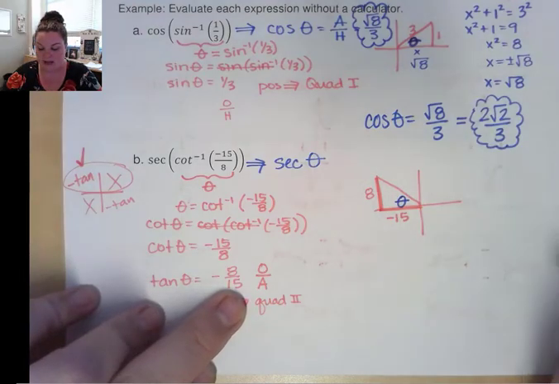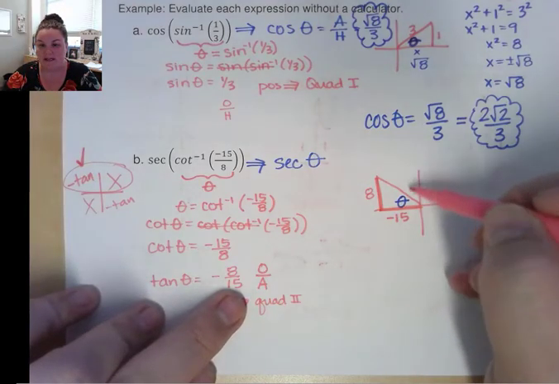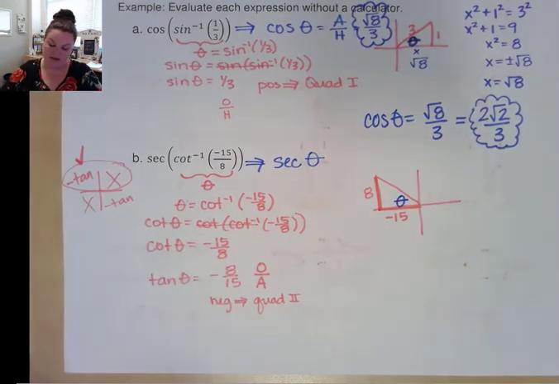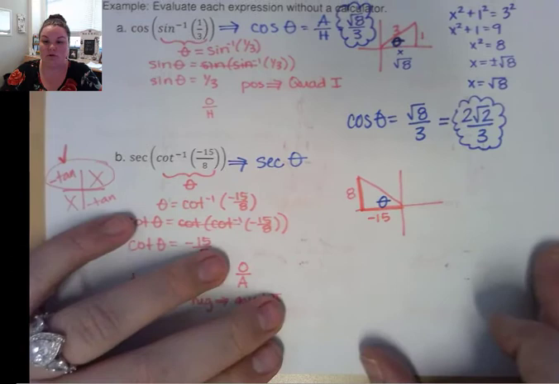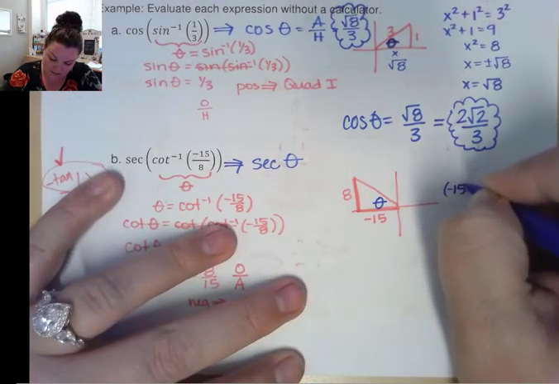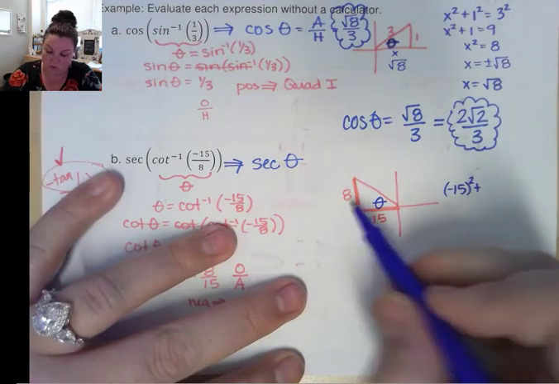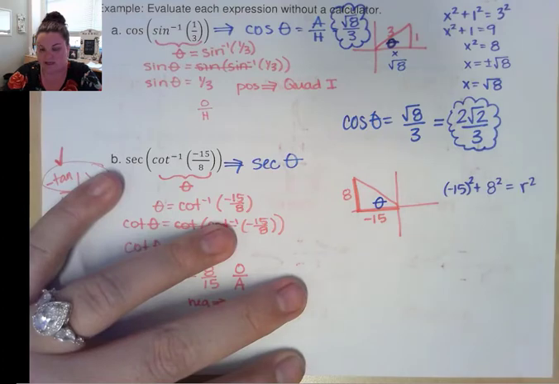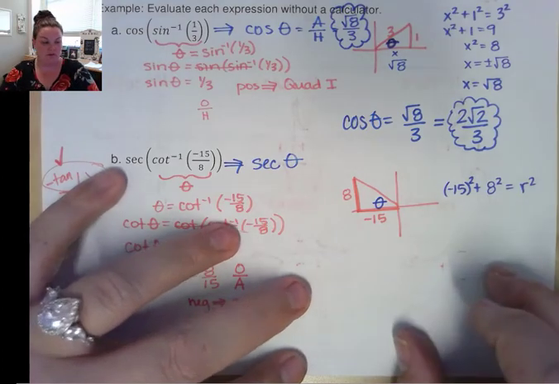Okay. And now I just need to figure out what this radius length is, or this hypotenuse length, right? So I'm going to go ahead and do my Pythagorean formula, which says that x squared, so negative 15 squared, plus my y squared, so 8 squared, is equal to my radius squared, or my hypotenuse squared, however you want to write it.